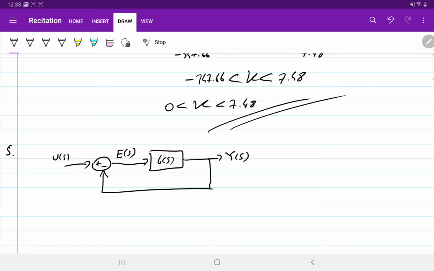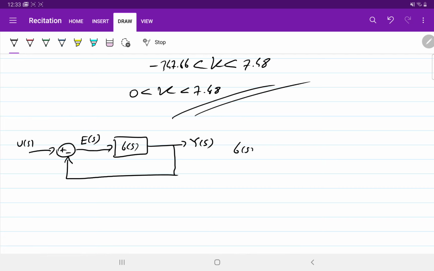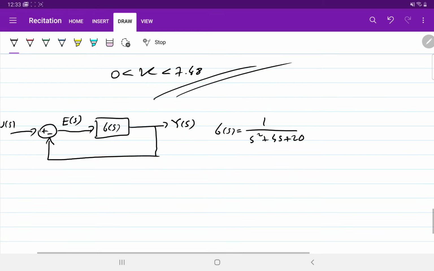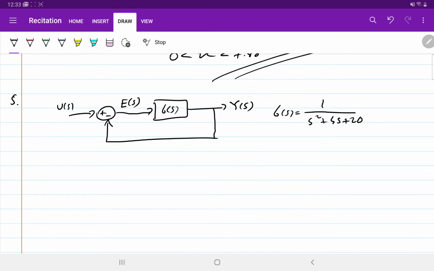We have error over there, and G of S is 1 over s squared plus 4s plus 20. And the question is, we need to find the steady state error, given U of S as a unit step.